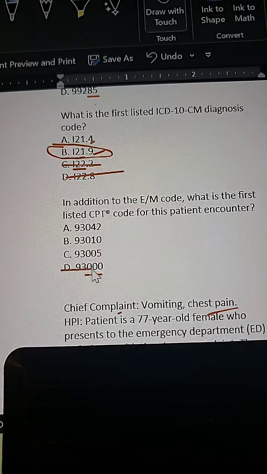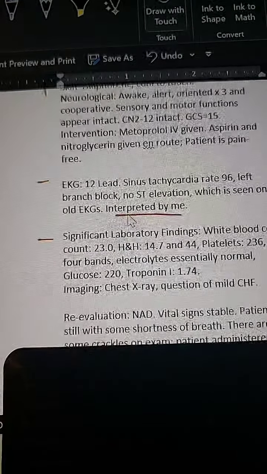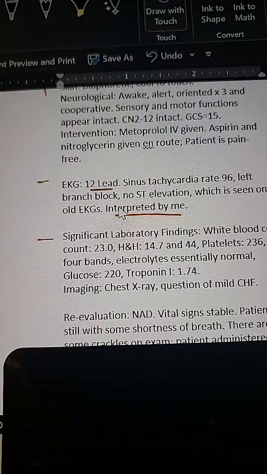It's not going to be D, I don't think. 12 lead. Interpreted by me.